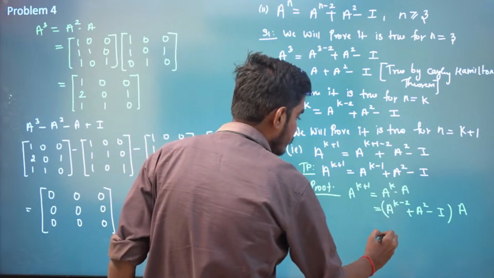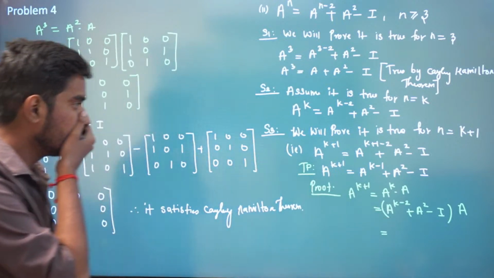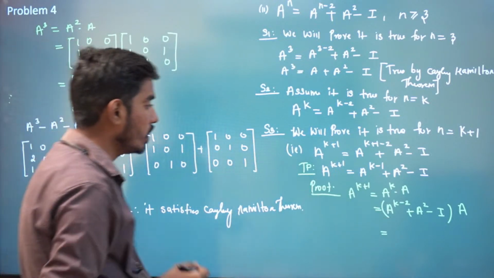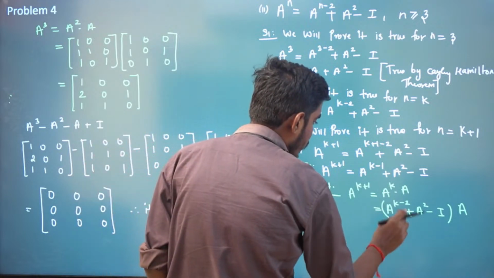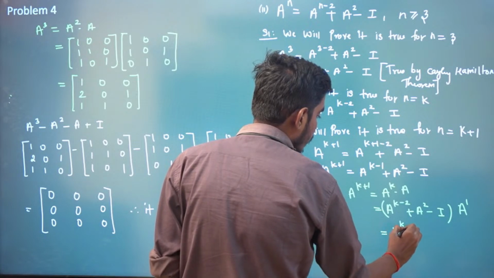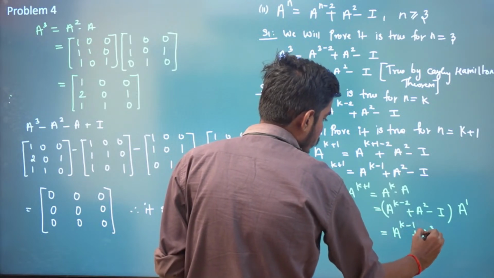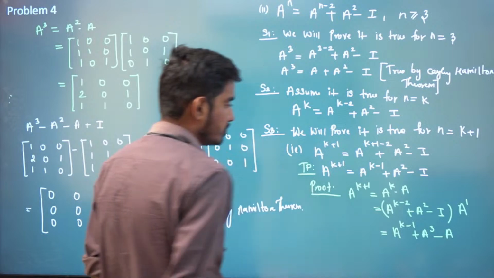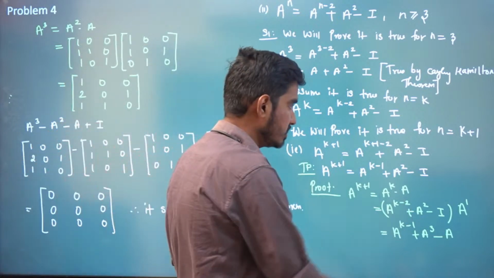If I multiply a inside, what will you have? A power k minus 2 plus 1, which is a power k minus 1, plus a cube minus a. Right? You just multiply a inside.